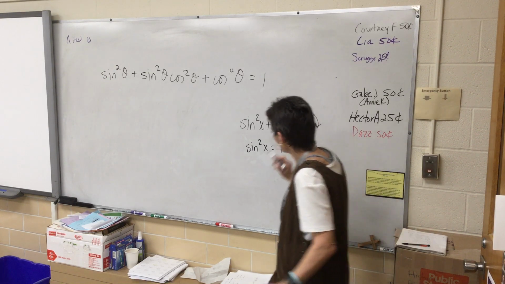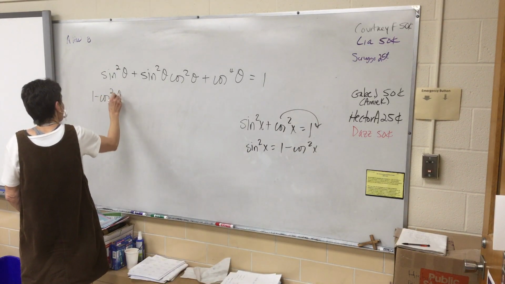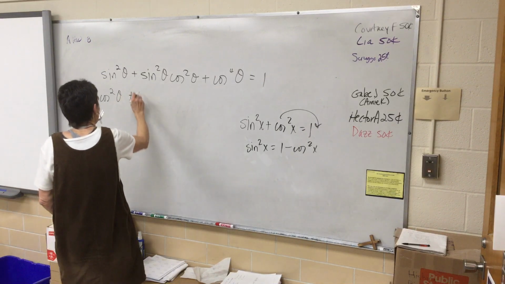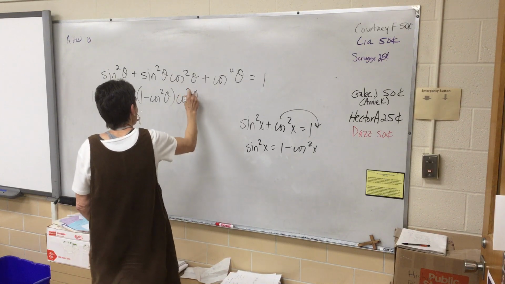So I'll take that 1 minus cosine squared and put it right here. And then I'll put another one right here, but this one is times the cosine squared here.